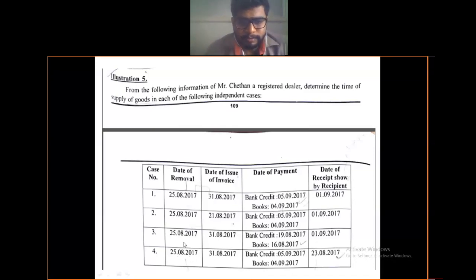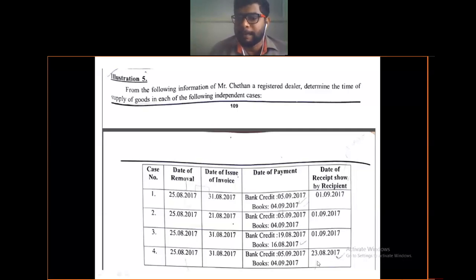And the last one: date of removal is 25th August, date of issue of invoice is 31st August, bank credit is September 5th, books of account 4th September, and date of receipt shown by recipient is 23rd August 2017. Therefore, the earlier date is the date of receipt shown by the recipient. So the time of supply is 23rd August 2017, because this information is prior to the date of removal of goods as well as prior to the date of issue of invoice.